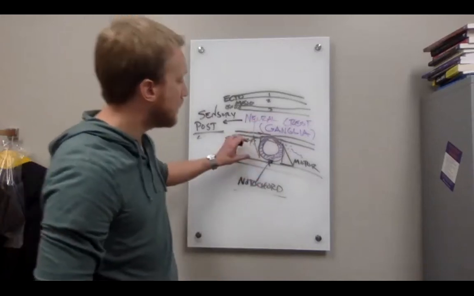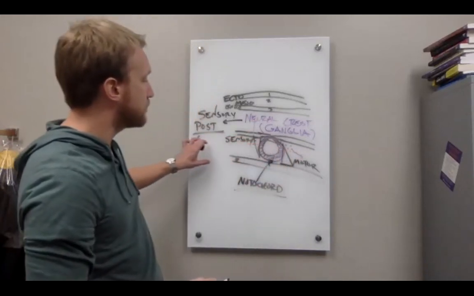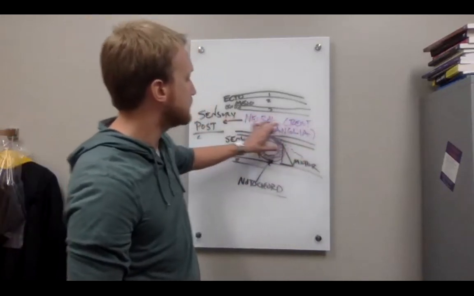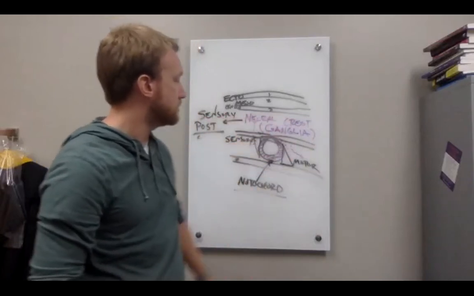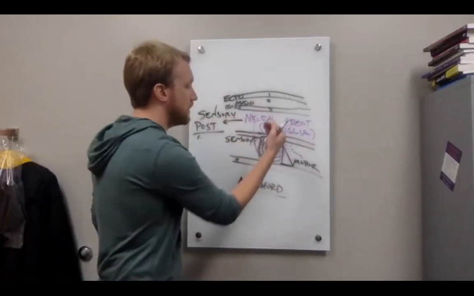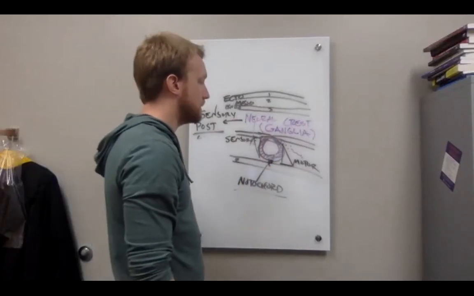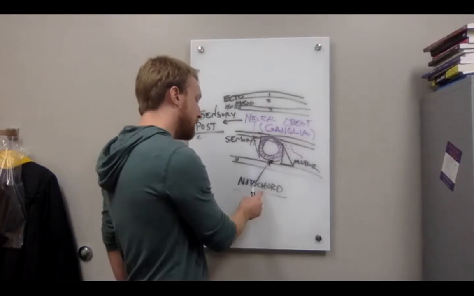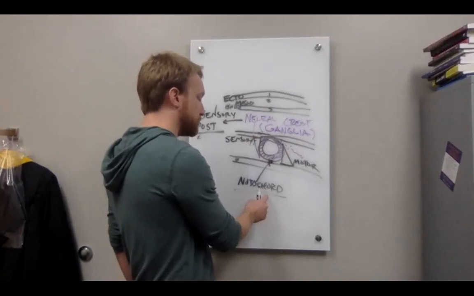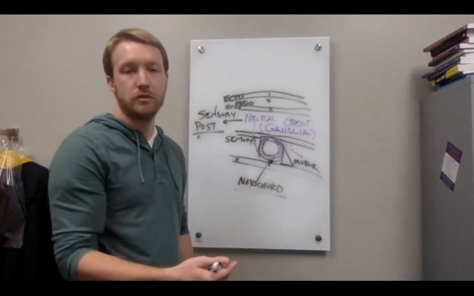Why are the motor neurons all down here in the anterior portion and the sensory relay neurons up here in the posterior portion? Well, it's because early on in development, they were exposed to different developmental cues.